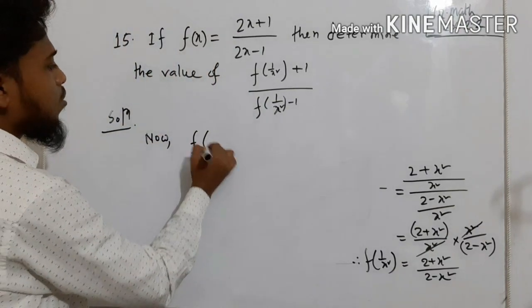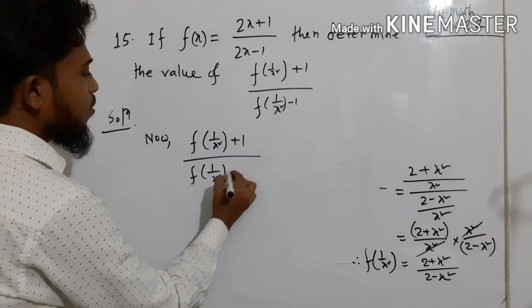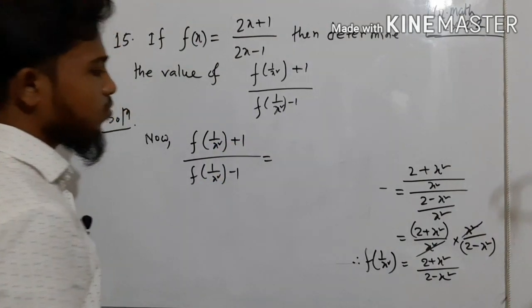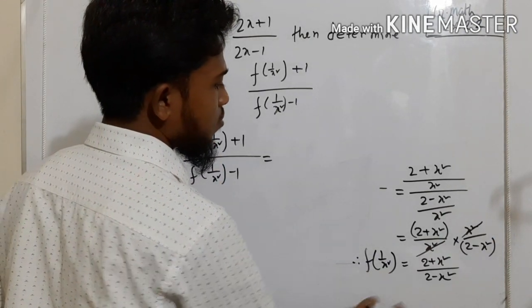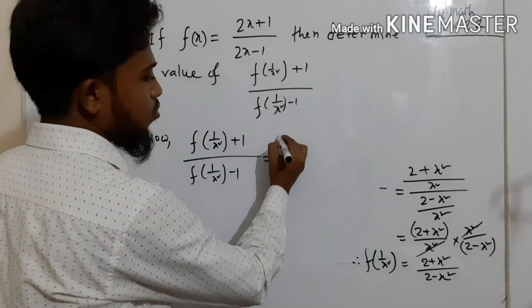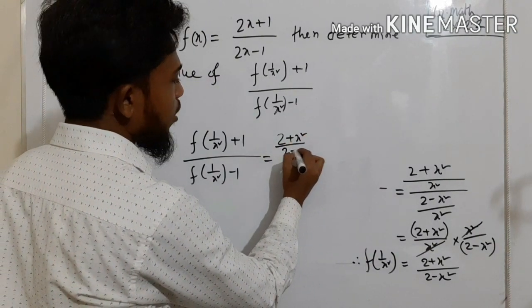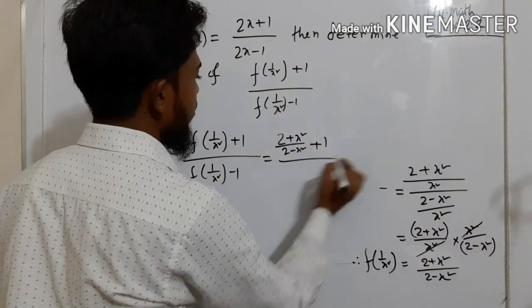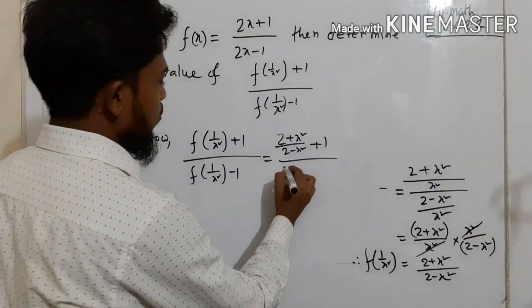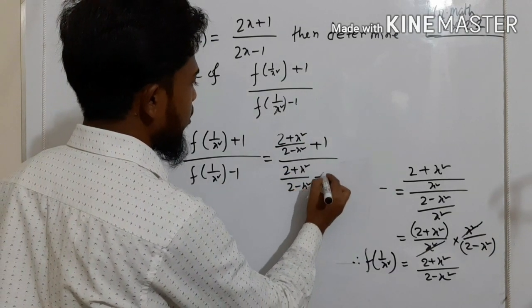Now (f of 1 by x square plus 1) divided by (f of 1 by x square minus 1) equals, as the value of f of 1 by x square is this, (2 plus x square) divided by (2 minus x square) plus 1, divided by (2 plus x square) divided by (2 minus x square) minus 1.